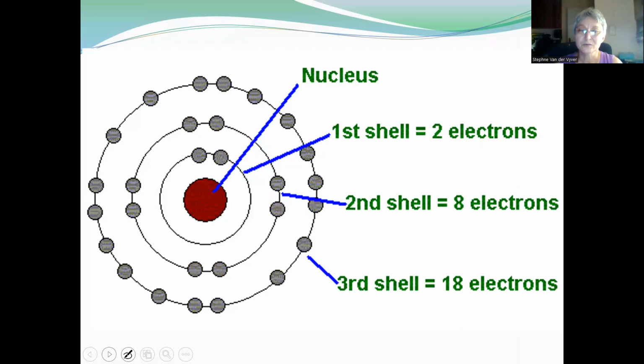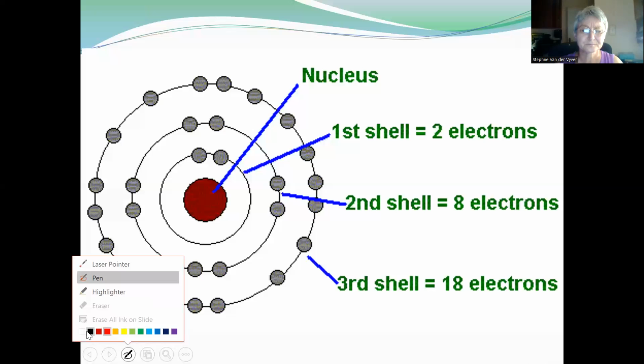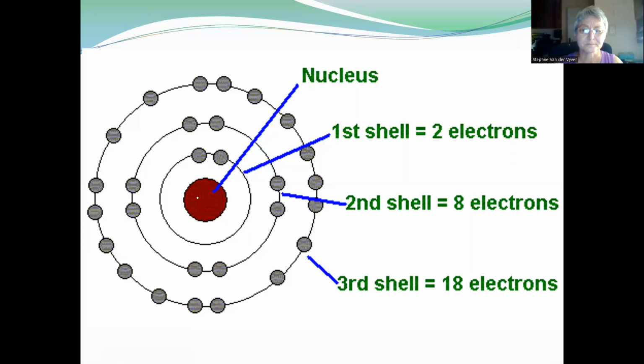So this is what we did in grade 8 to represent the atom. We had the nucleus with the protons and the neutrons in it. The electrons would orbit, and the number of electrons would be equal to the number of protons.